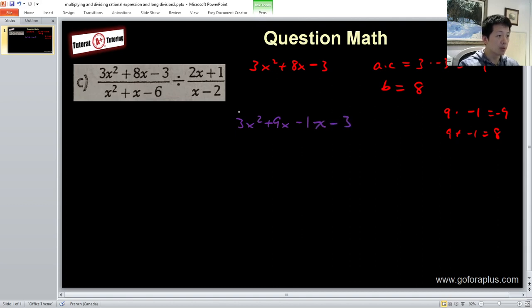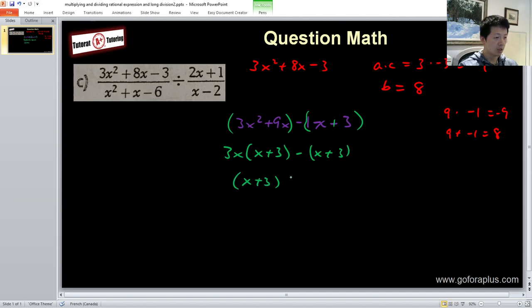Then I'll have to group them, right? When I group them, when I cut this and I see that there's a negative in front, so I have to change the sign inside the bracket. Then I'll have to factor out the 3x. I'll have x plus 3, and the other one is already x plus 3, right? So I'll have to factor out the x plus 3, and then I'll be left with 3x minus 1, right?